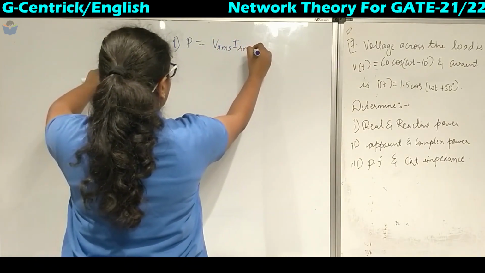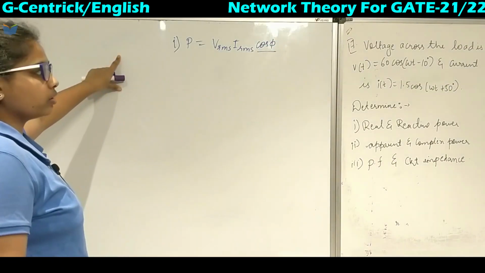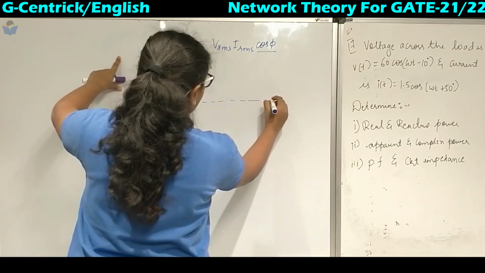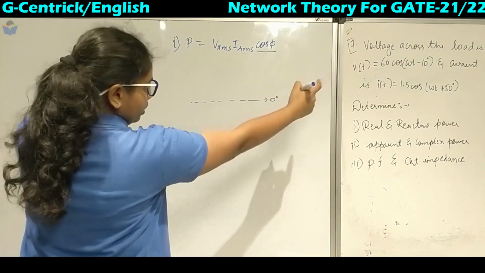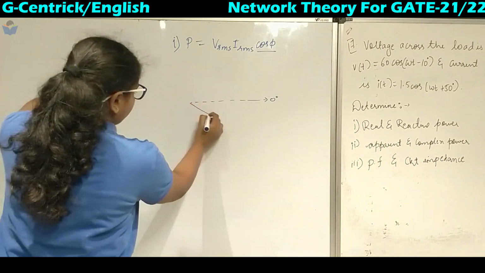Okay, so real power is nothing but Vrms Irms cos phi. Now to find the value of the phi angle, we will draw the phasor. This is the 0 degree reference. Vt is minus 10, minus it moves in the clockwise.